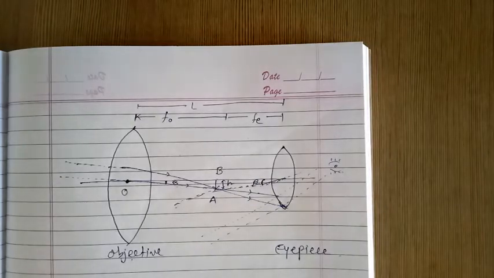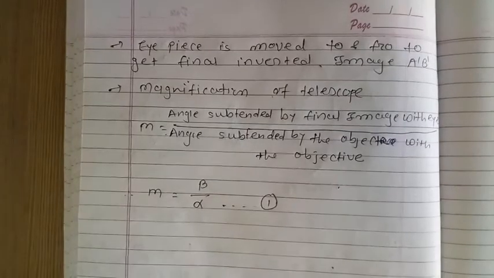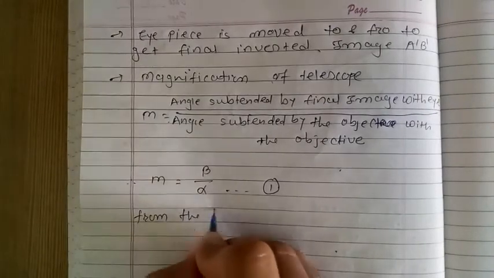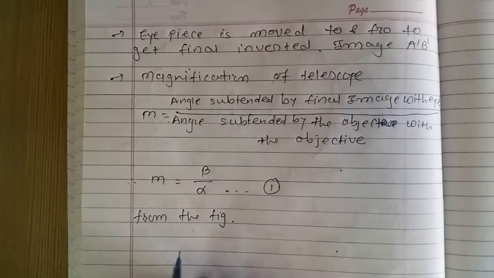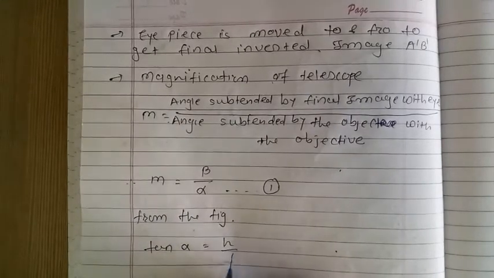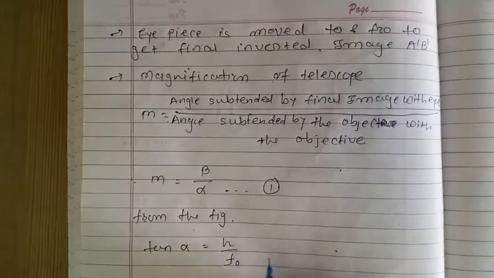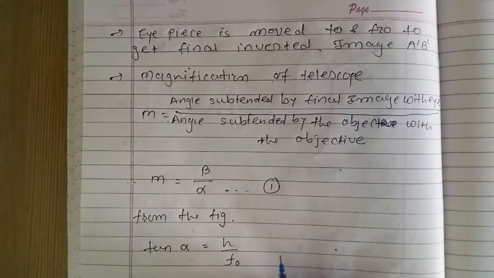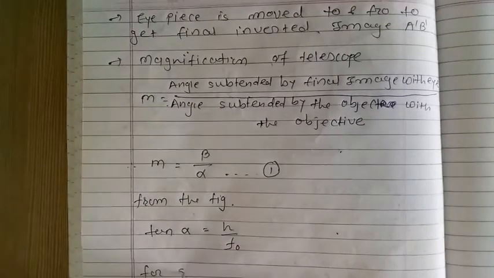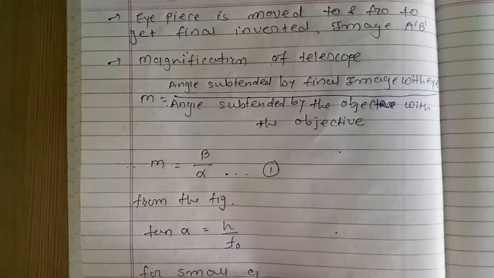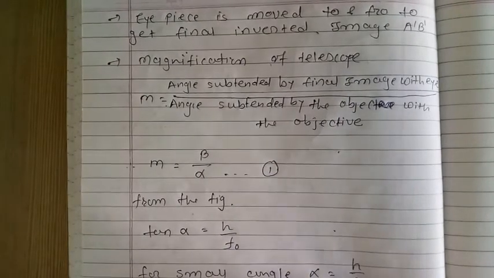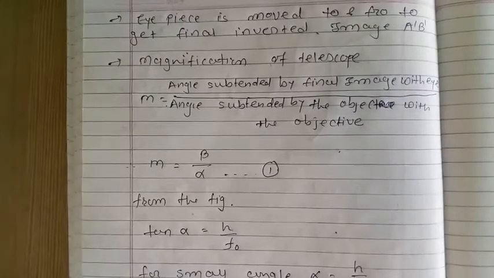So from the figure, tan alpha is equal to h by FO, and we know that for small angles alpha is equal to h upon FO, number 2.